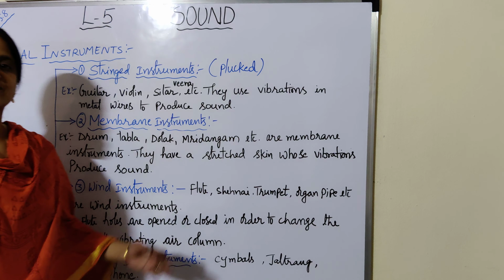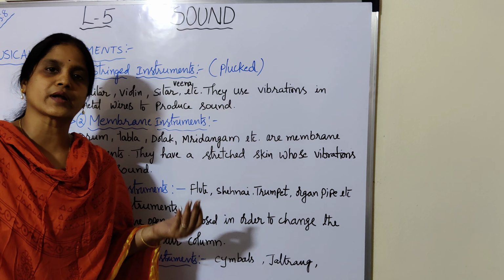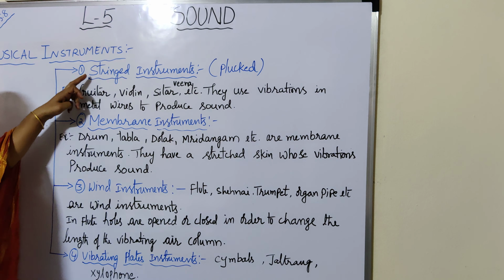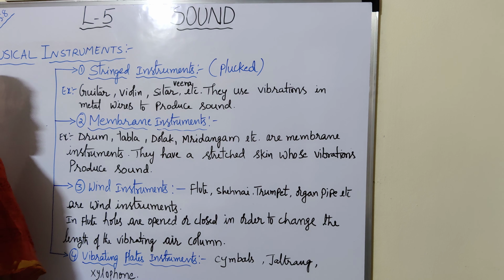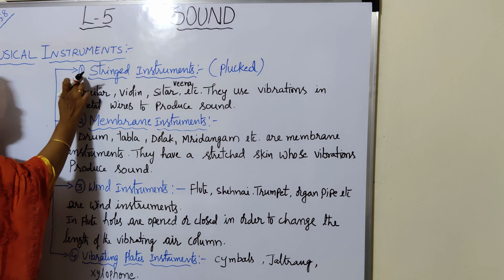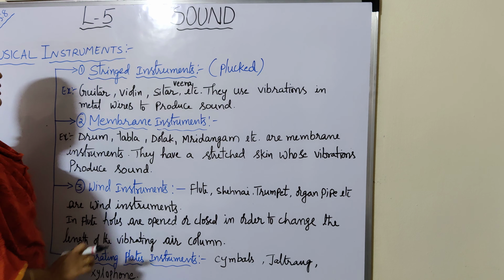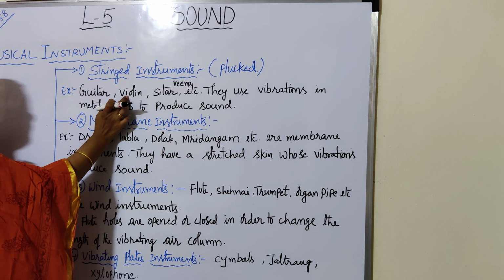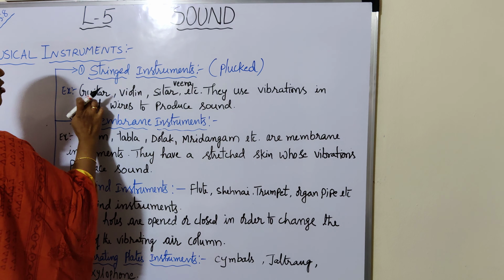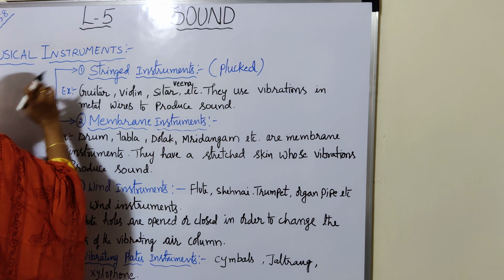So the musical instruments are mainly how many types? Four types. They are the stringed, membrane, wind, and vibrating plates. Coming to the first one, the stringed instruments. What are the examples of these? Guitar, violin, sitar, veena. All these come under stringed instruments.